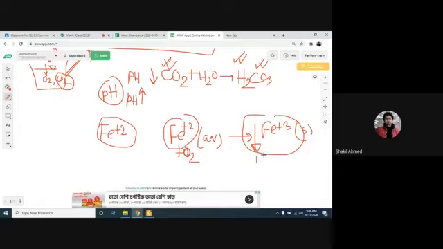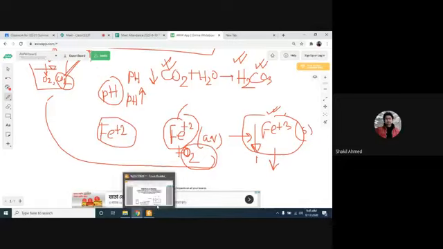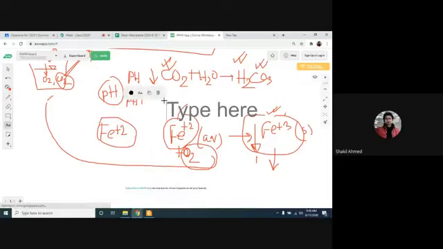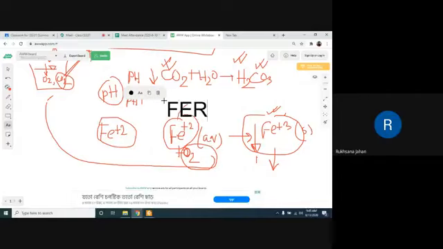That's why aeration is incredibly important in water treatment. By using aeration, meaning oxygen addition, you can convert ferrous to ferric form. This is ferrous and this is ferric form. And when you convert it to ferric form, it will precipitate. That means it has been removed. Is it clear, guys? Yes, sir.